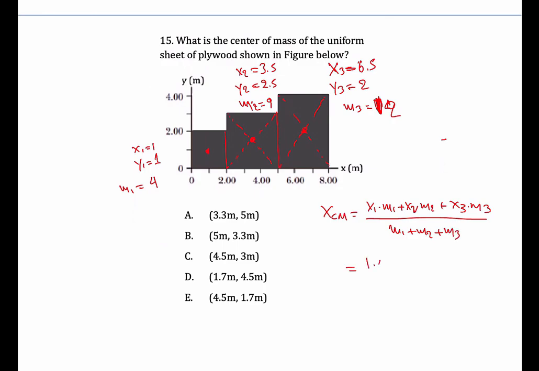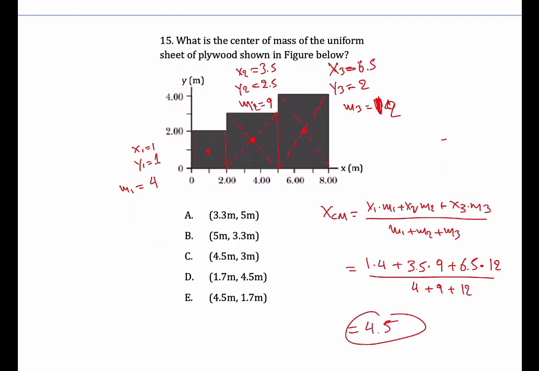So 1 times 4 plus 3.5 times 9 plus 6.5 times 12, all of this divided by 4 plus 9 plus 12. Now we'll need the calculator for this. So 4 plus 3.5 times 9 and then plus 6.5 times 12, all of this divided by 4 plus 9 plus 12, and the result is 4.5 meters.